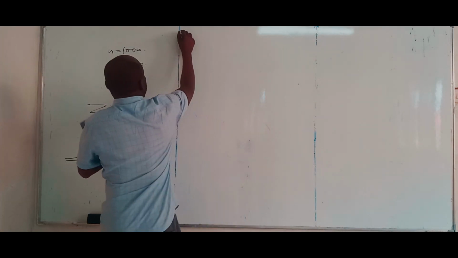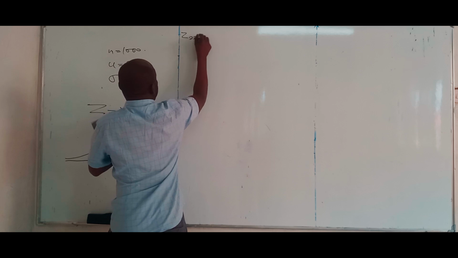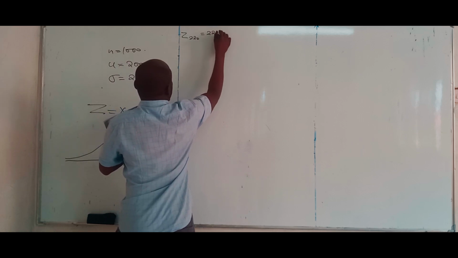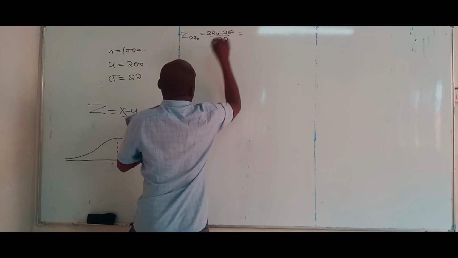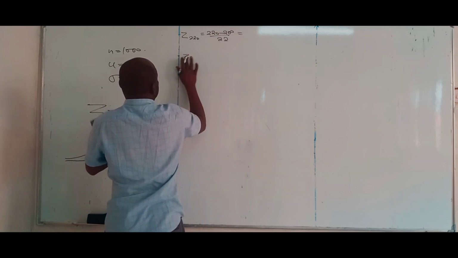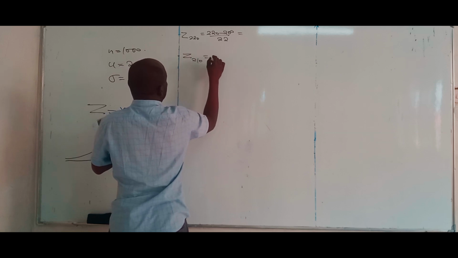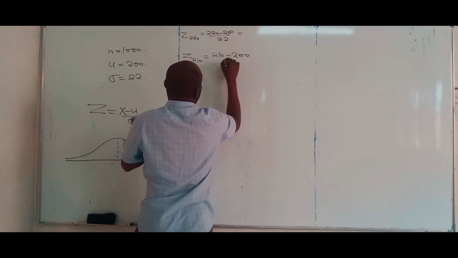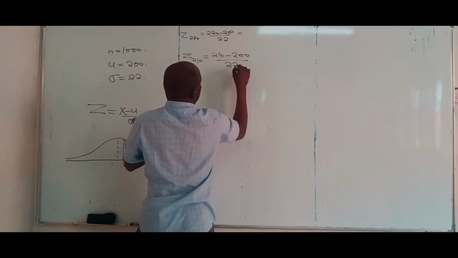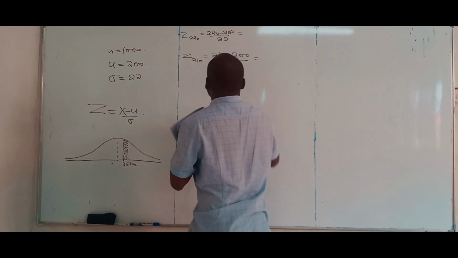First, Z of 220 will be 220 minus 200 over 22. And then Z of 210 is equal to 210 minus 200 all over 22.